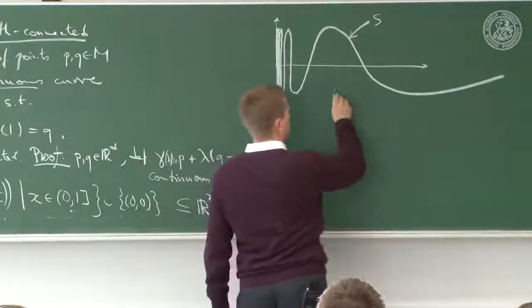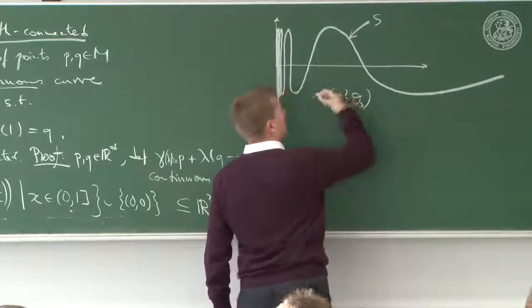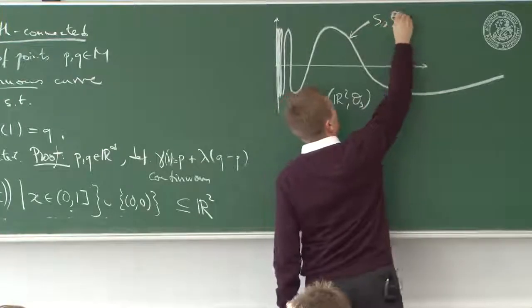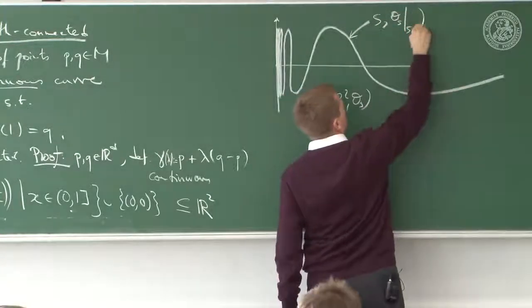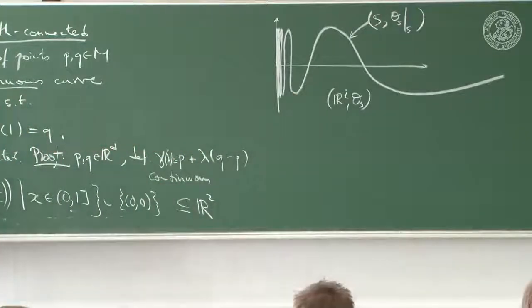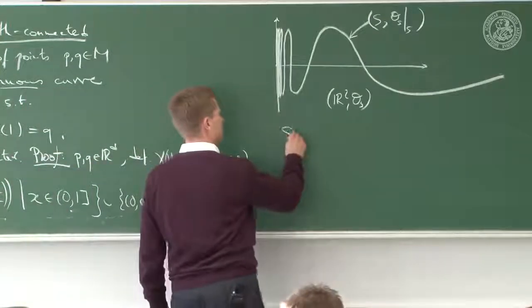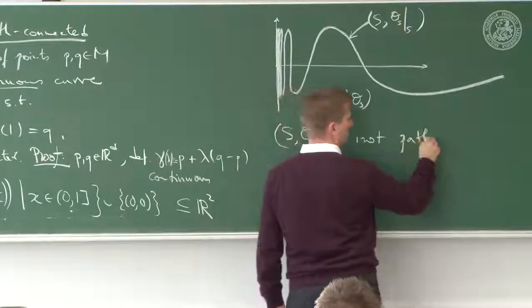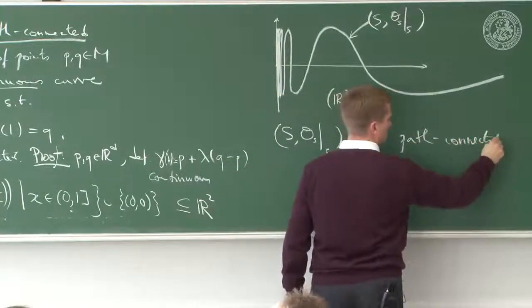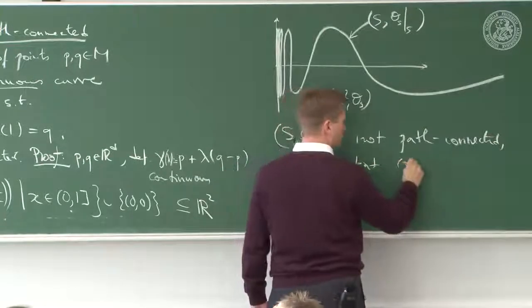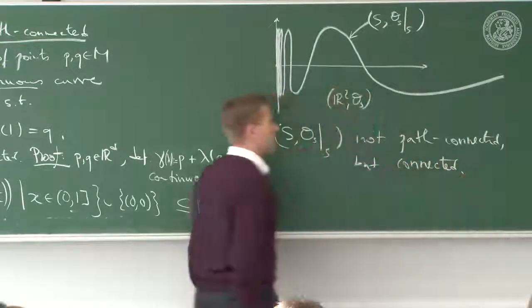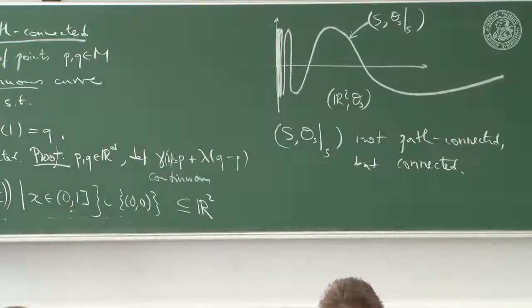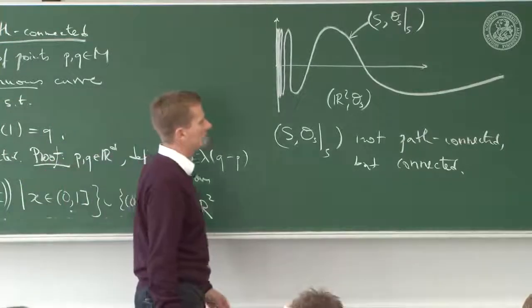On R^2, we have a topology O_S, and we equip this subset S with the induced topology. That is the topological space we look at. And this guy is not path connected, but it is connected.